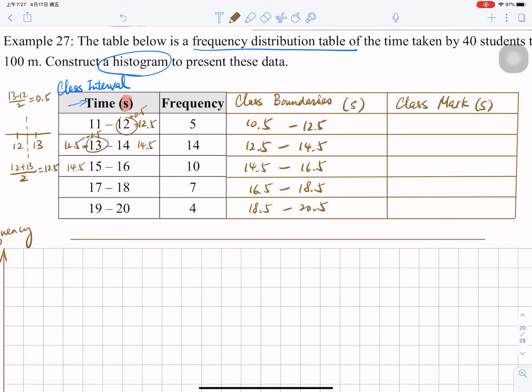Okay, how about the class mark? Here, remember, class mark is the midpoint of the class interval or boundaries. So this one, 11.5, is the class mark. The next class, 13 to 14, so 13.5, and it goes on: 15.5, 17.5, and 19.5. Right.